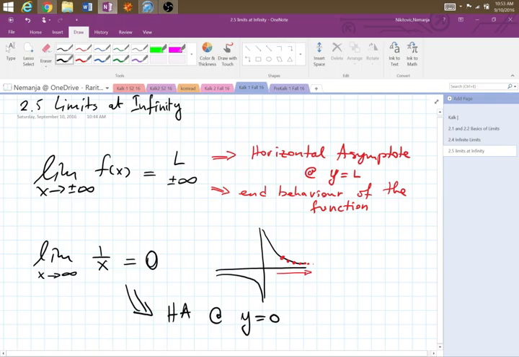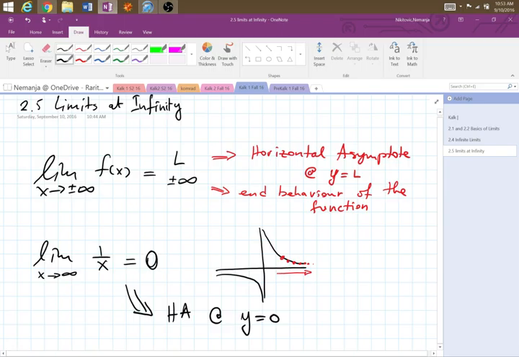Yes. Now let's go more specific. Can a vertical asymptote be crossed by a function? Can the function go through an asymptote? We said yes, and I said correct. Yes, a function can go through the asymptote.